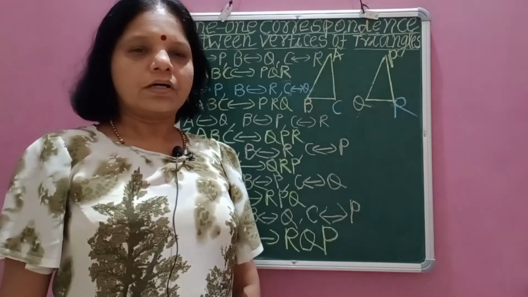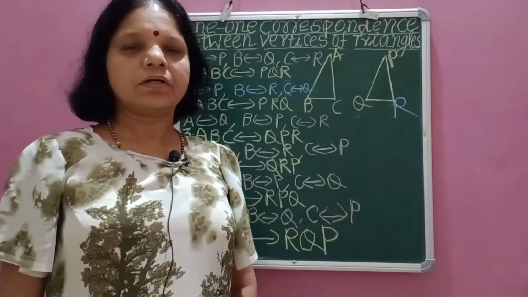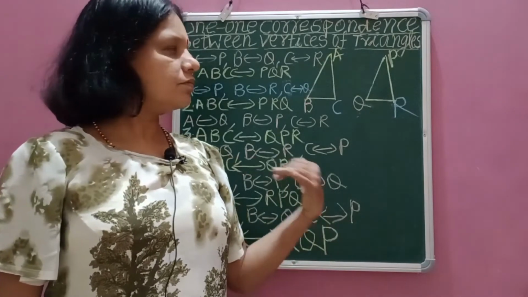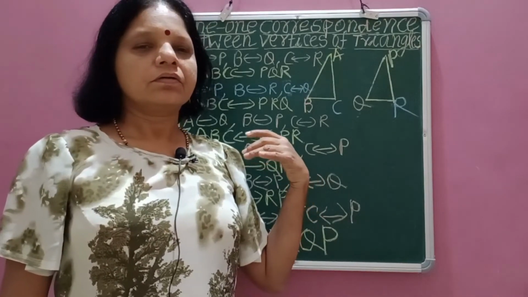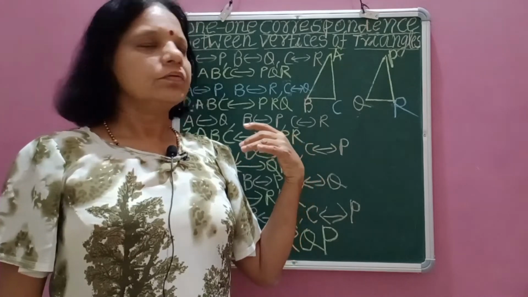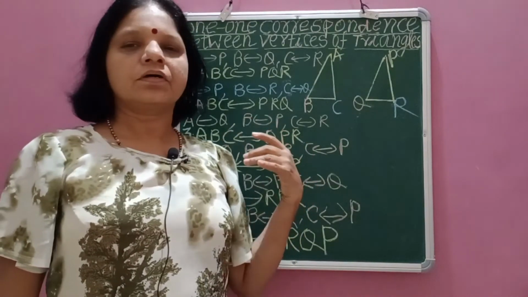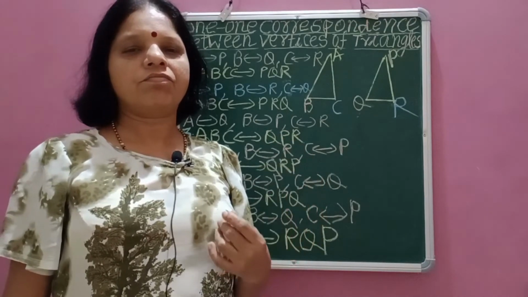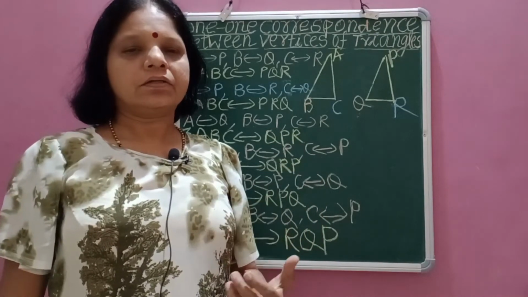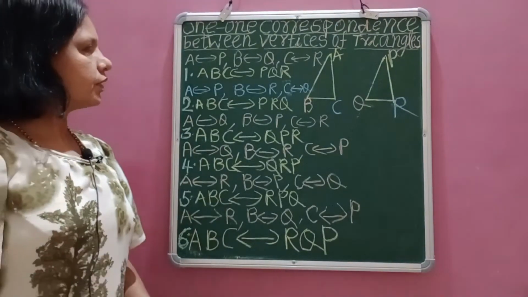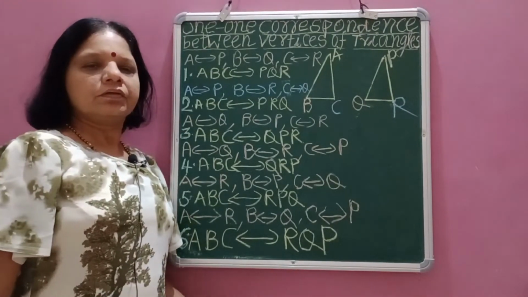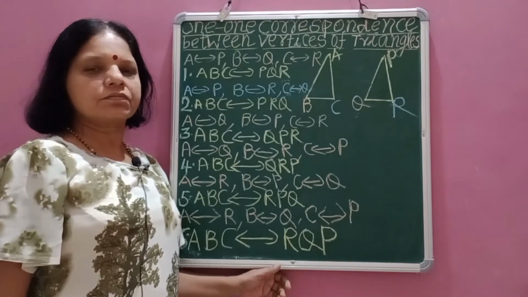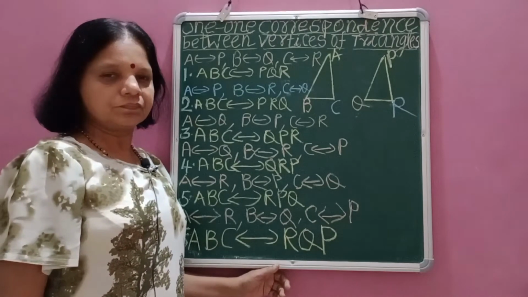In order to understand the corresponding sides or angles, it is necessary that you know the correspondence between the vertices of two triangles. This is nothing but the corresponding relation between the vertices of two triangles.